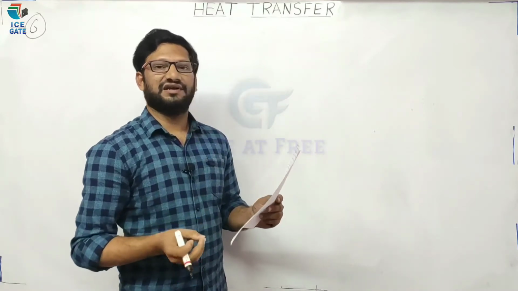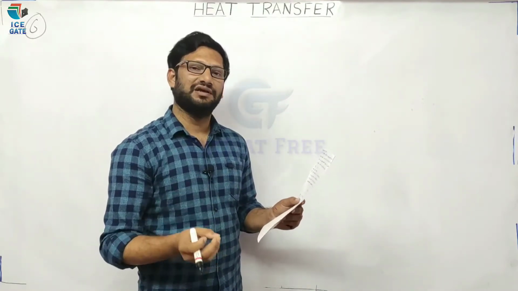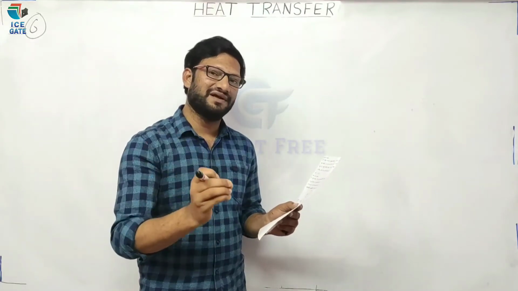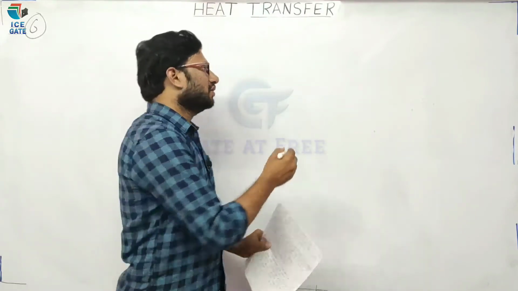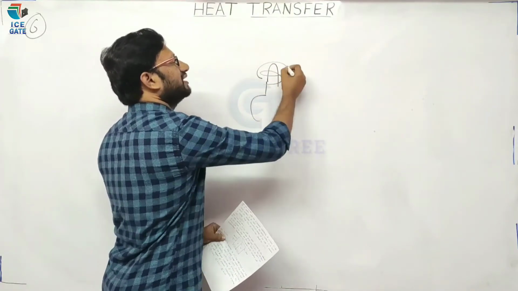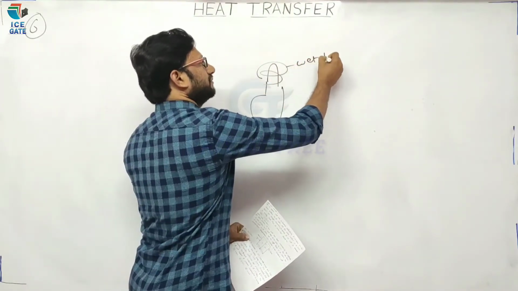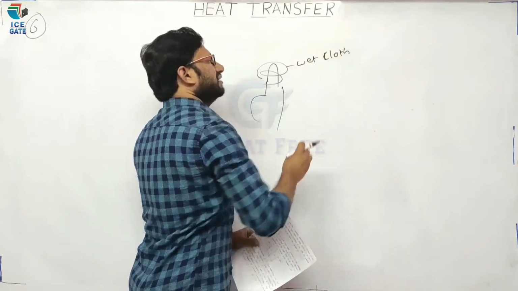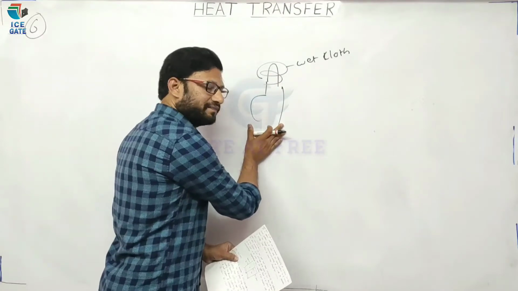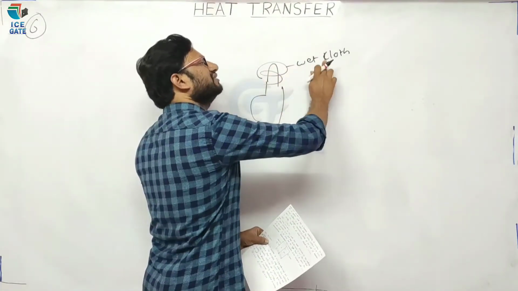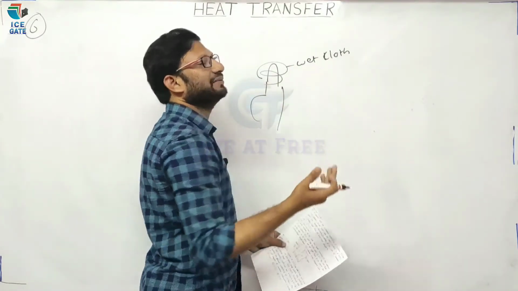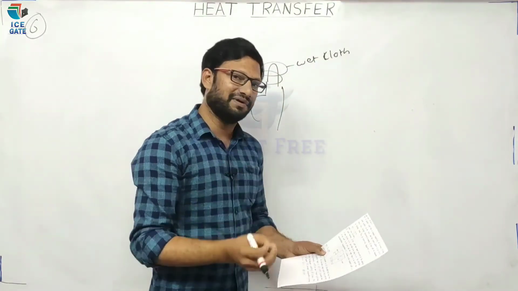Dry bulb temperature is simply measured with a thermometer. Wet bulb temperature is measured with a thermometer whose bulb is covered with a wet cloth. When the bulb is covered with wet cloth, definitely the temperature is less than the dry bulb temperature.